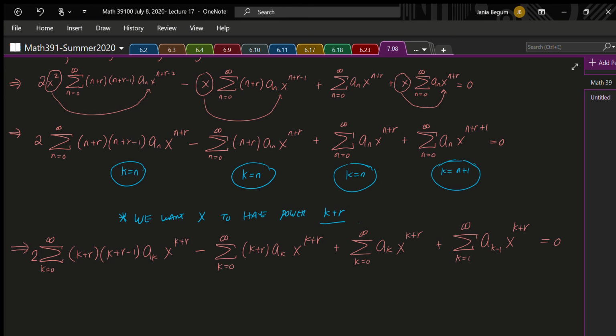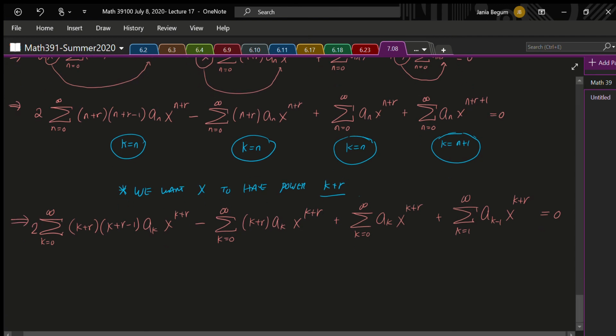Yes. Okay. So what we're trying to do is, whichever series is left behind, you just push them forward by writing out their initial terms. So if k equals 0 for the first summation, we have 2 times r minus 1, a sub 0, and then k is equal to 0, so you have x to the r.